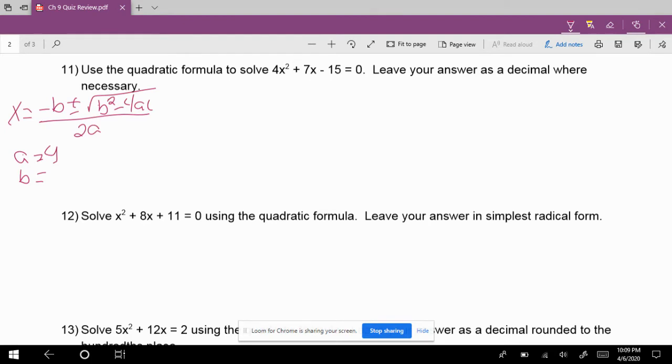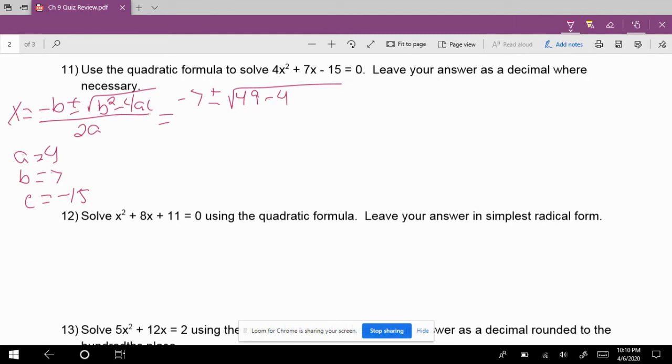B is the coefficient of the x, which is 7. C is the constant, which is negative 15. And we just put all of that into the quadratic formula above. The opposite of b, if b is 7, is negative 7, plus or minus the square root of b squared. Well, 7 squared is 49.